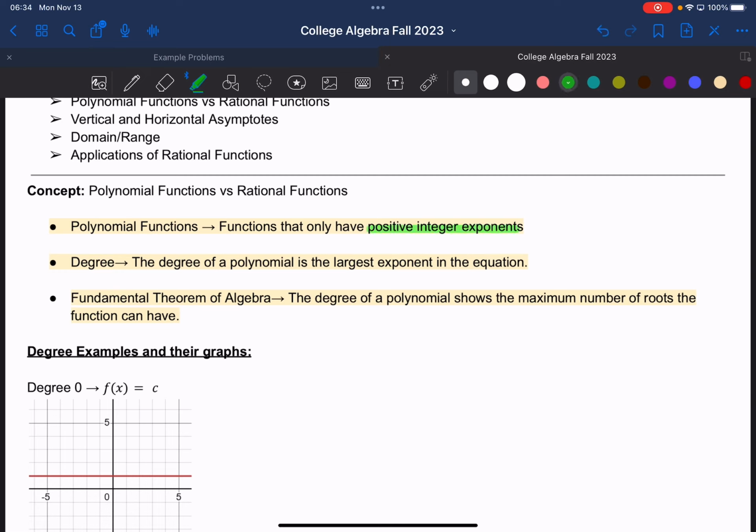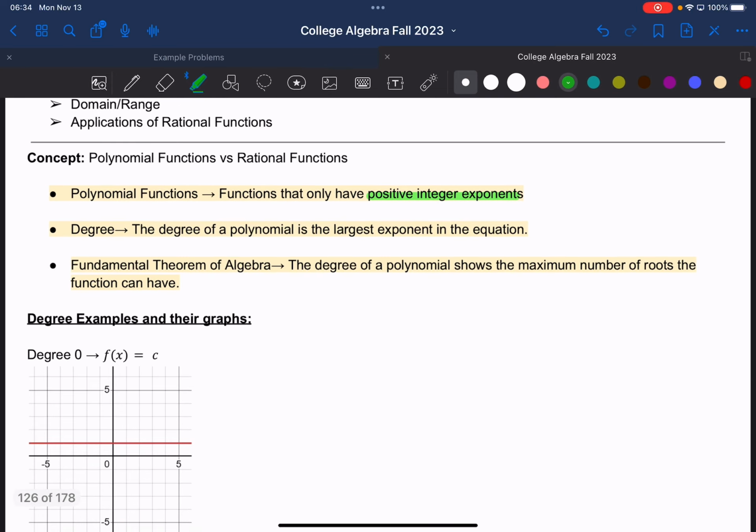The degree of a polynomial is the largest exponent in the equation. So, for example, in a quadratic equation, that degree would be what number? What's the largest exponent in a quadratic equation? 2, that's squared. So the degree for a quadratic equation is the 2.